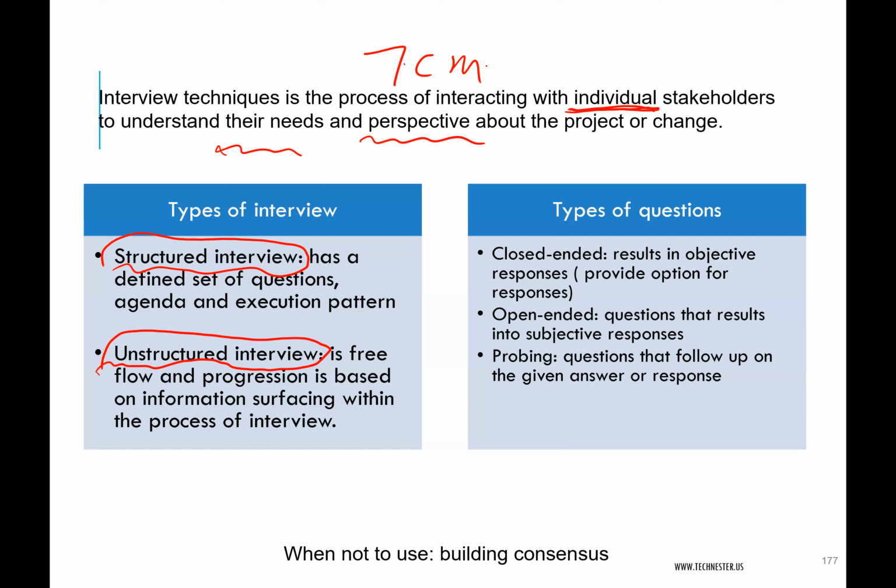So you would ask, is the distance, or should the distance be 7 meters? You expect your interviewee to say yes or no, because you don't want to leave room for variability, for uncertainty in the response. You want to be as clear as possible. So if it's not 7 centimeters, then how many centimeters should it be?